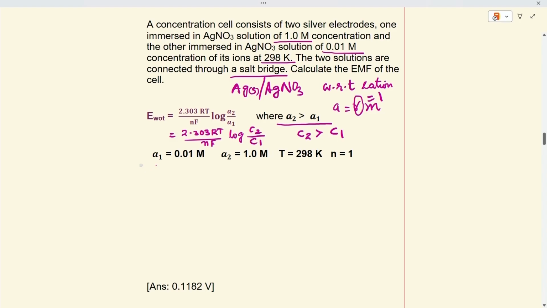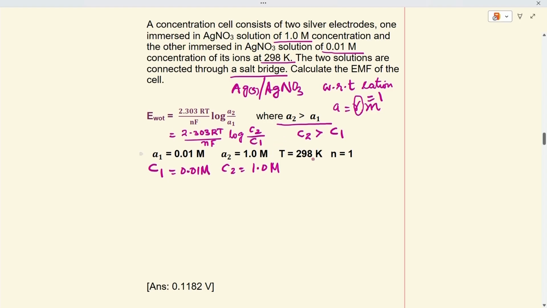A1 or C1, whatever you consider, should be equal to 0.01, because we know that C2 should be greater. That means A2 or C2 should be the 1 molar one, and C1 should be 0.01 molar.